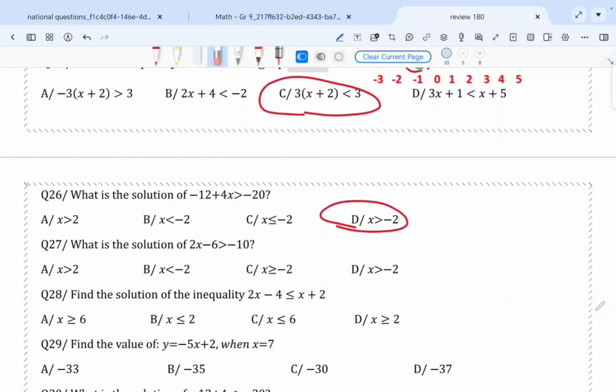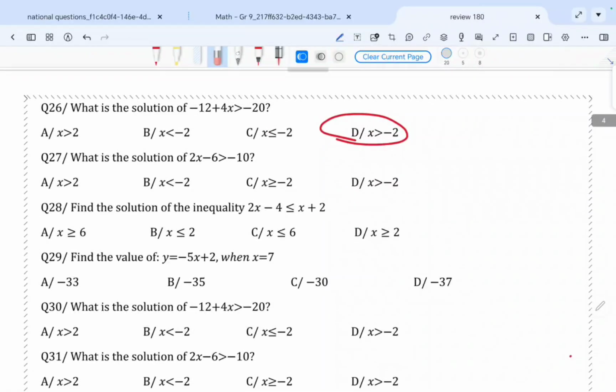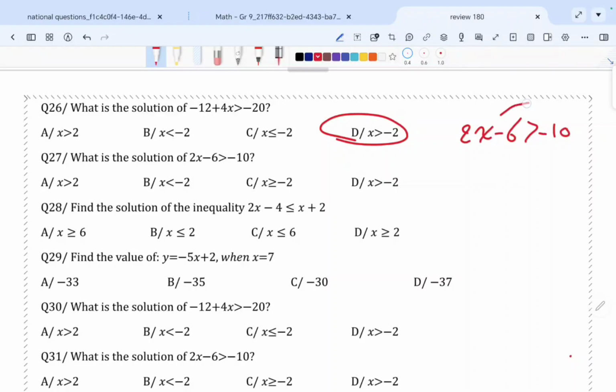Question 27. We have 2x minus 6 is greater than negative 10. Again, move 6 to the other side. It's negative, it will be positive. 2x is greater than negative 10 plus 6.